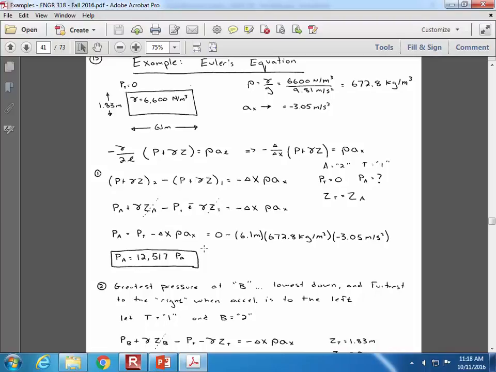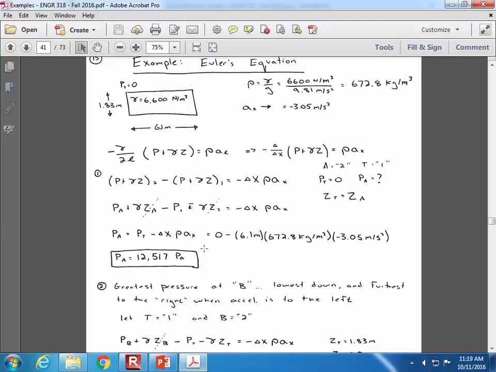Hopefully by inspection and just by instinct, you also know that the pressure at B is going to be greater than the pressure at A because it's down deeper into the liquid. And so we're going to say pressure at B is greatest. And now let's calculate what it is.